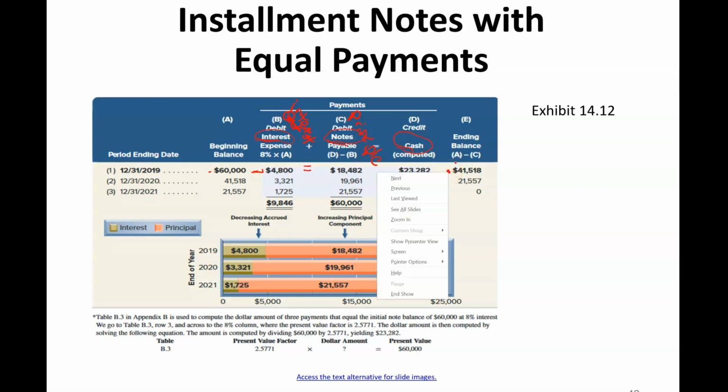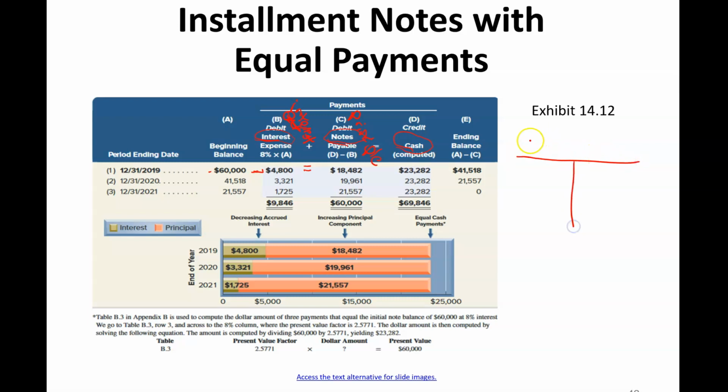That's what you have left to pay on the loan. That's not including the interest. That is only the principal amount of the loan. If that is the ending, okay, you know what? I'm going to start a note payable T account here. So here is the long-term note payable.